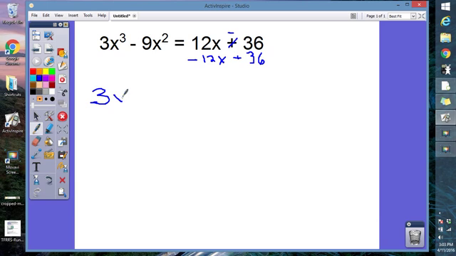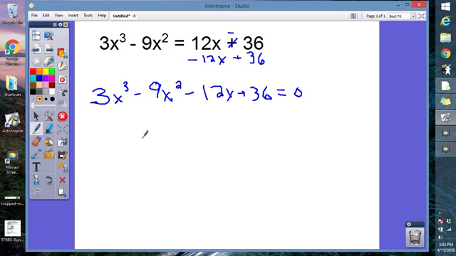We would get a 3x to the third minus 9x to the second. On the left-hand side, you'd end up with a negative 12x, a positive 36. That's given that we've changed this now to start out with a negative. So we'd add 36 to both sides.